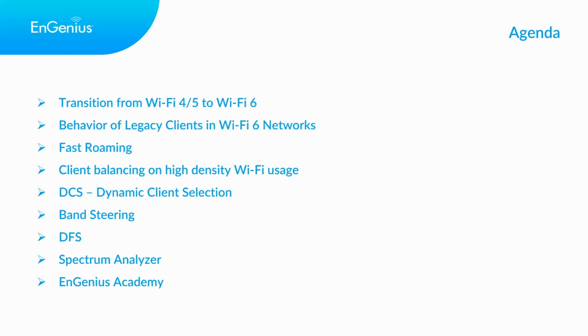So what do you need to take note of? Fast roaming, how does it work? Client balancing in high density Wi-Fi usage, what can we do about it? Dynamic client selection, dynamic channel selection. Band steering, DFS or dynamic frequency selection, spectrum analyzer, as well as EnGenius Academy.